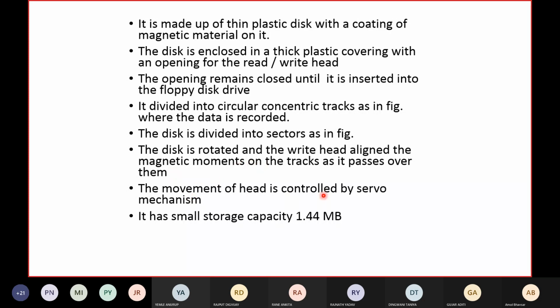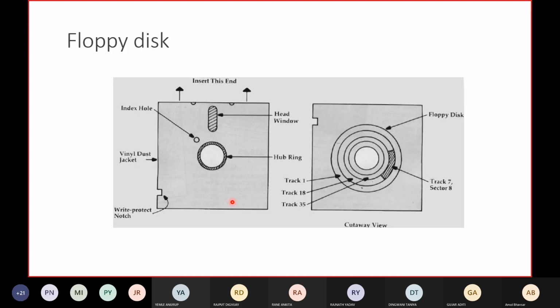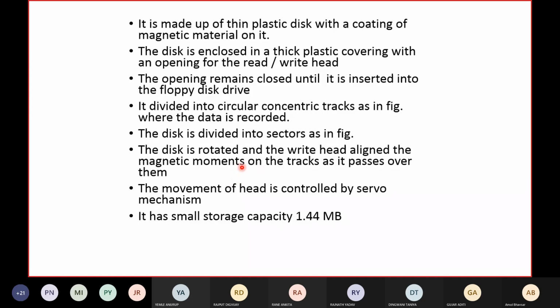The movement of the head is controlled by a servo mechanism. There is a motor which rotates this disc when you insert the floppy disk. The movement of the head is controlled by the servo mechanism.